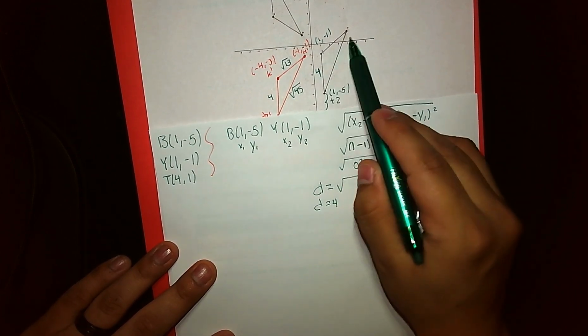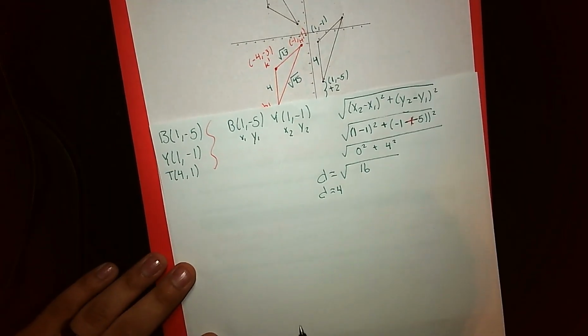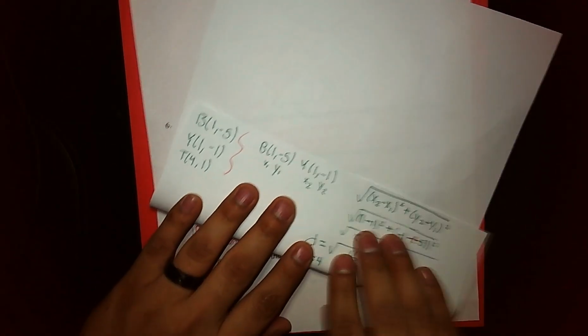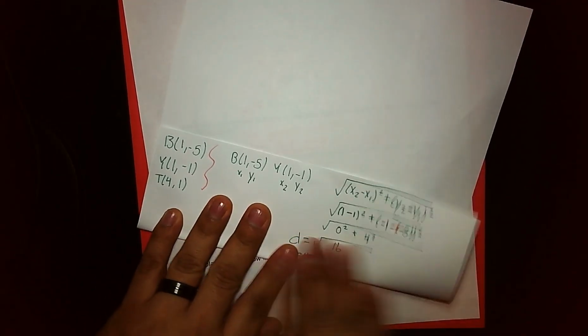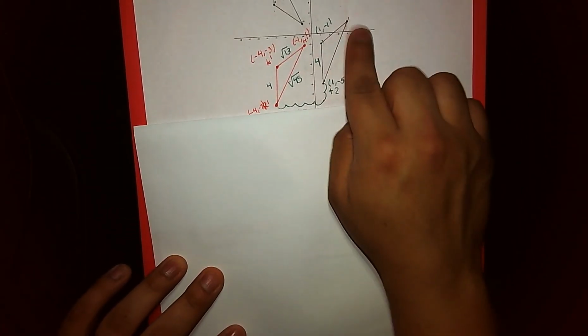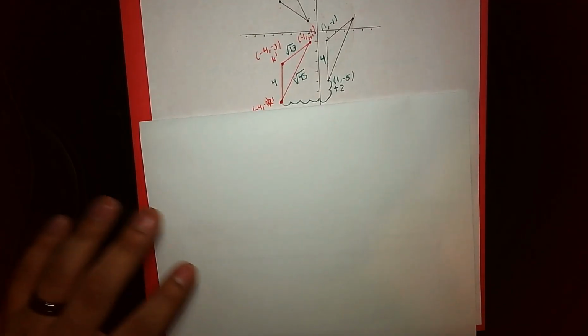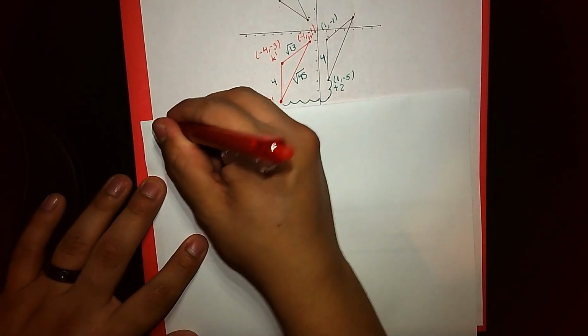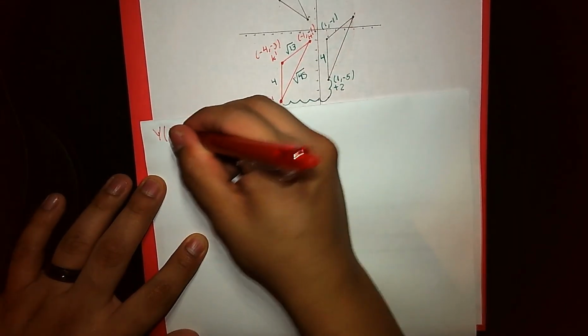Let's do YT. I'm going to fold my paper here, that way we have some space. Let's do from Y to T. And again, I see where Y is at. Y is at, I'm sorry, 1, negative 1.